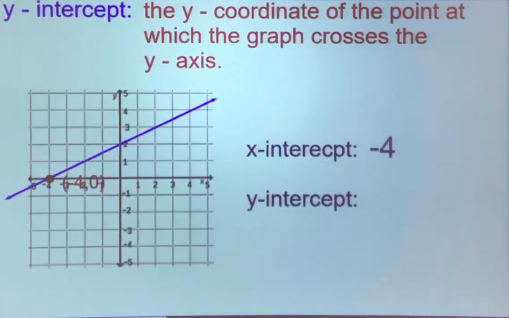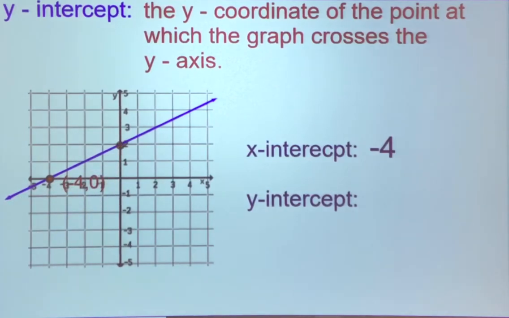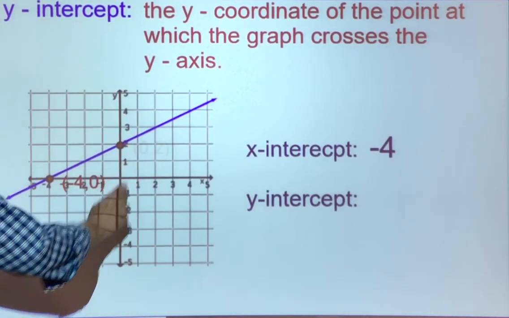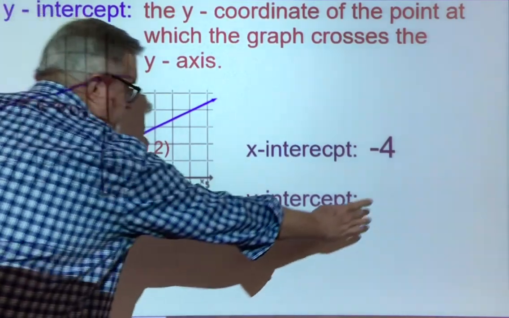So our x-intercept is -4. When we're looking for our y-intercept, our graph crosses the y-axis right at this point. That is the point 0, 2. So the 2 is the y-coordinate of that, and so 2 is our y-intercept.